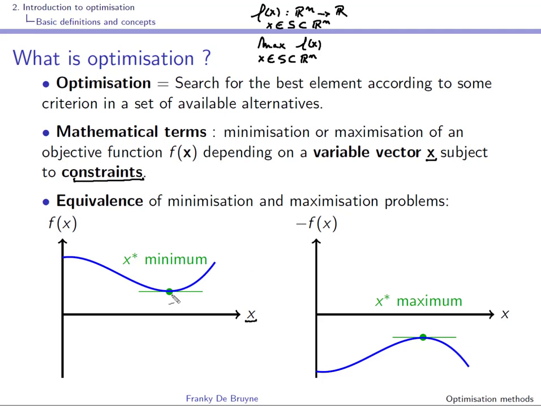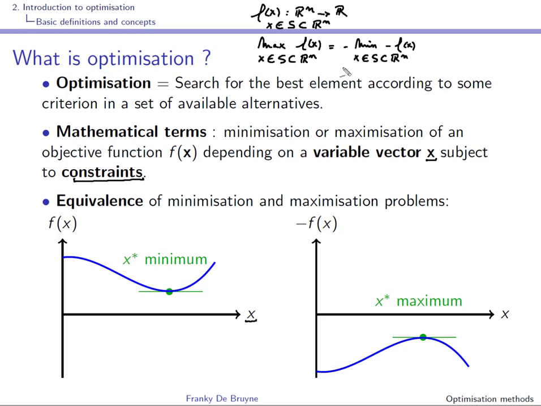The x that minimizes f of x is also the x that maximizes minus f of x. So we can write that this problem is equivalent to the following problem. So minus the minimum of minus f of x, where x is constrained to live in the same feasible region S that is included in Rn.